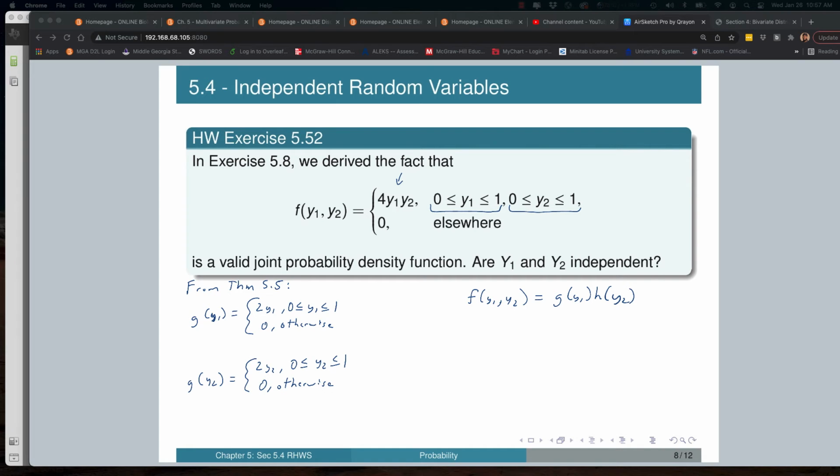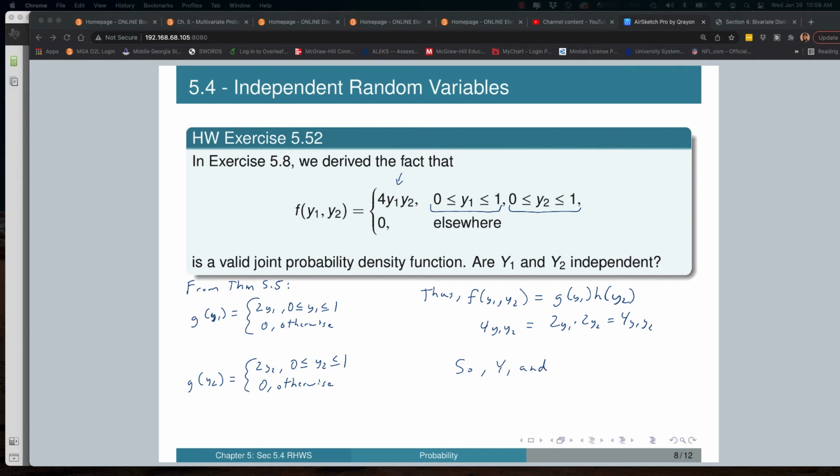Okay, so thus we know that these two things are going to be equivalent. That is that 4y sub 1 times y sub 2 is equal to 2y sub 1 times 2y sub 2, which does equal indeed 4y sub 1 y sub 2.